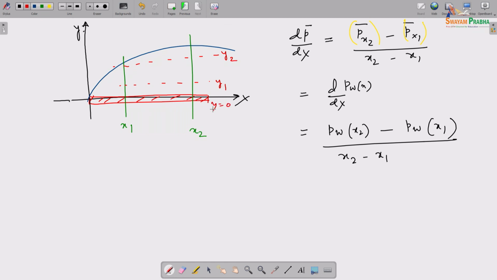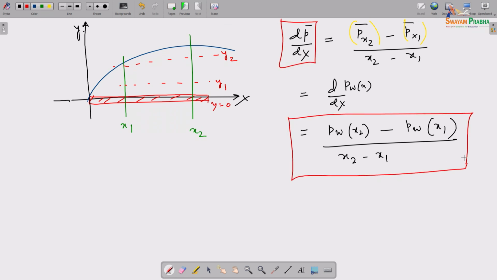So this dp/dx between the two locations at the wall is this. What is this at say y1?